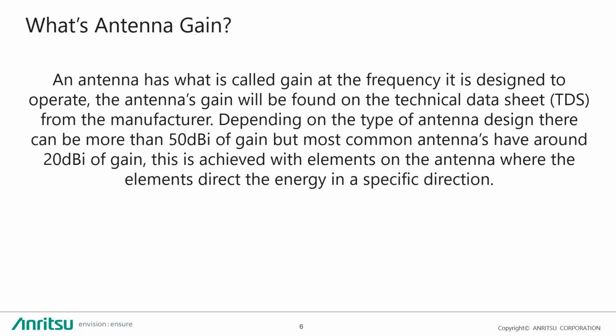Others, more general antennas, will have about 20 dBi of gain. And we achieve that gain by utilizing elements on the antenna, and the elements direct the energy in a specific direction.